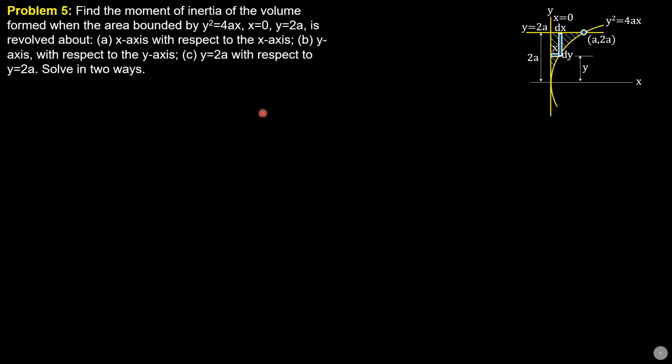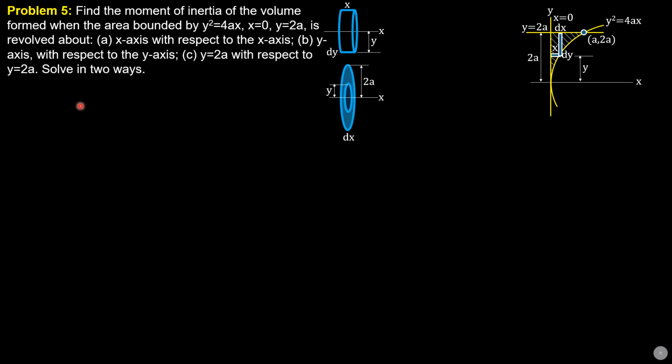So for moment of inertia of volume with respect to the x-axis, the horizontal strip, when revolved, gives a cylindrical shell, while the vertical strip gives a disc or washer.